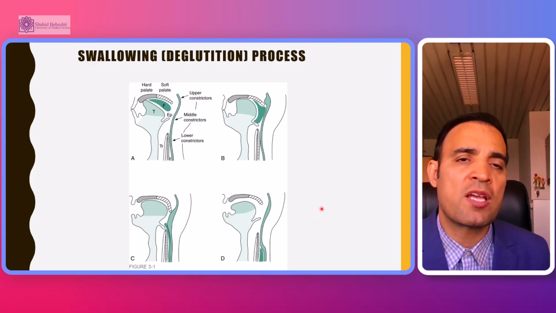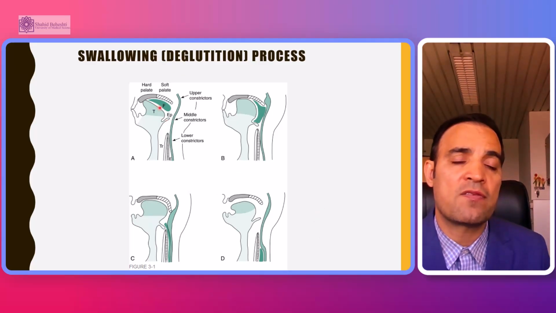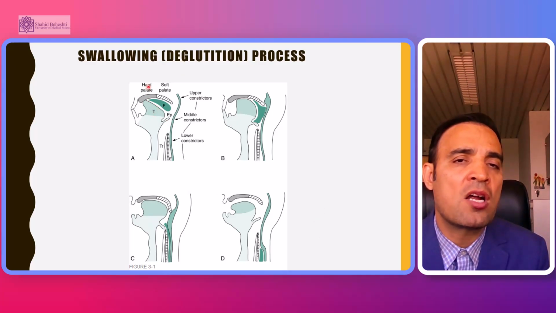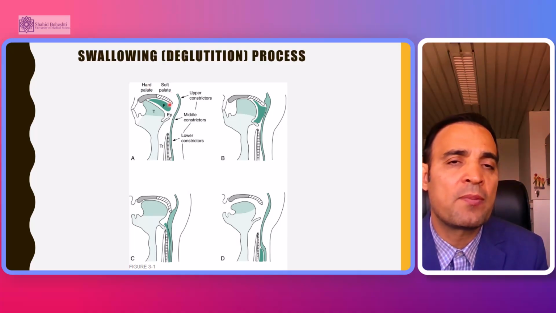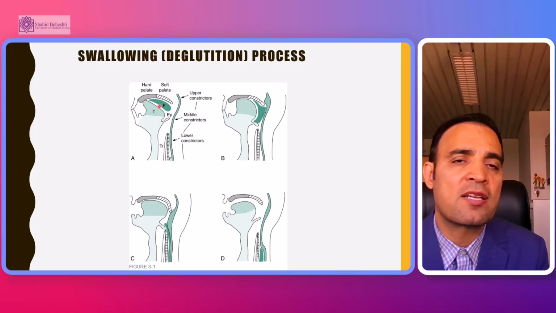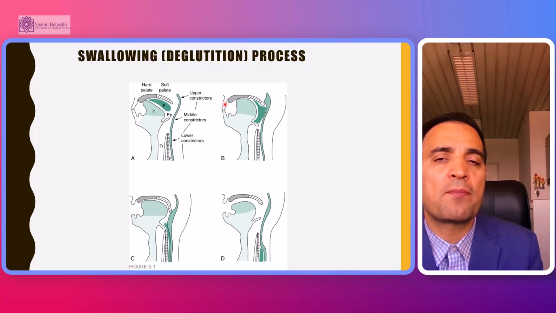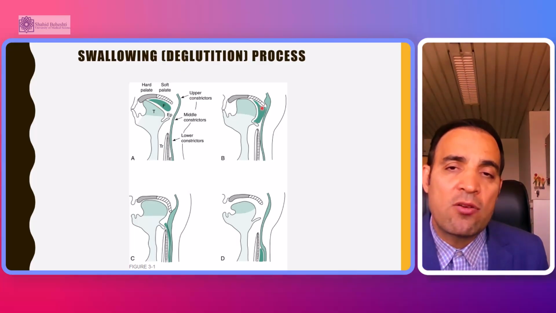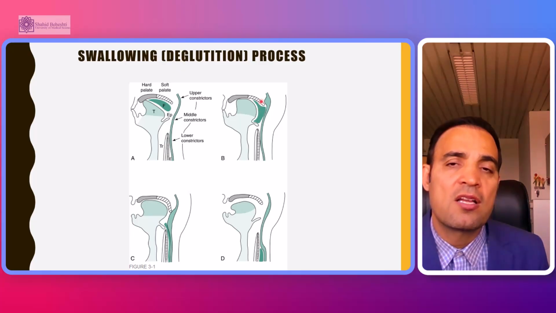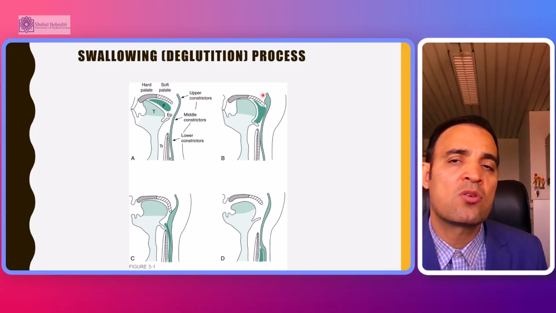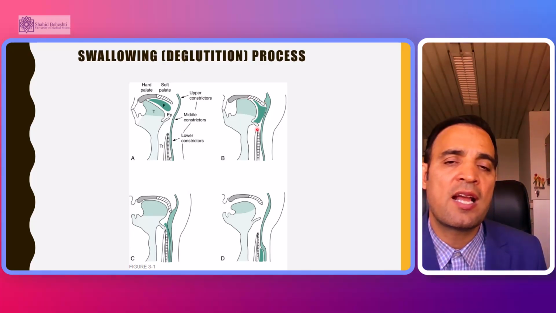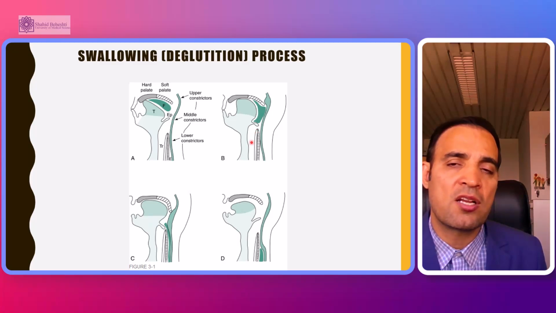This figure is showing it another time. In another figure, this is the tongue and this is the hard palate. This is the soft palate, and the tongue will be contracted and push the food backward. Now the food is in the pharyngeal area. Soft palate closes the airways, and on the other hand, the epiglottis closes the trachea.